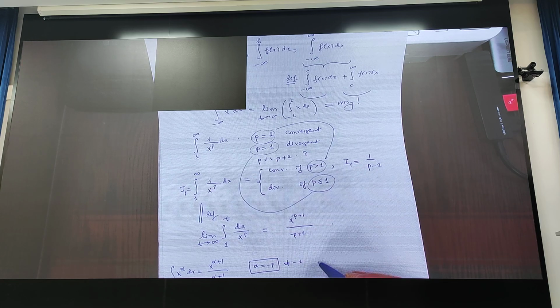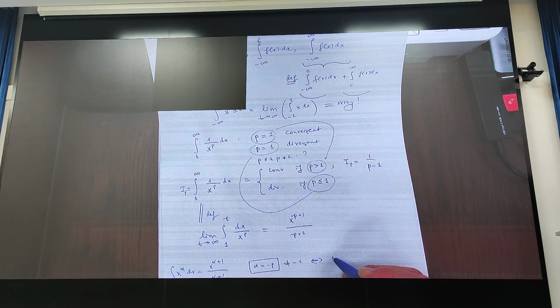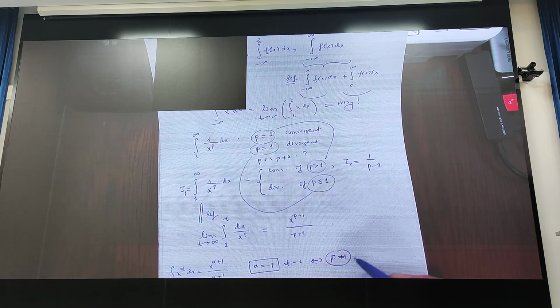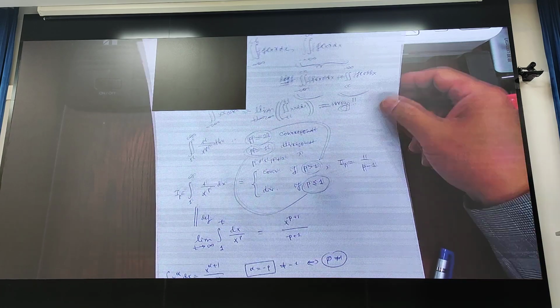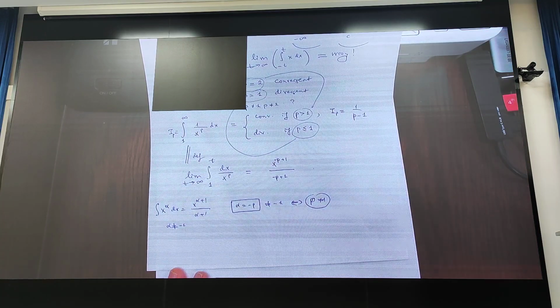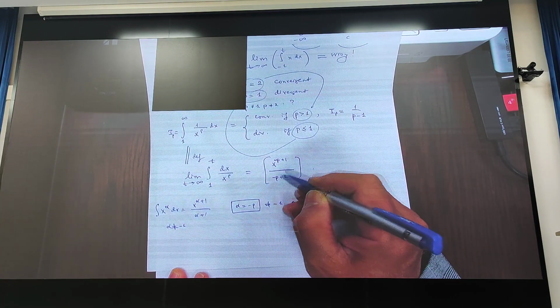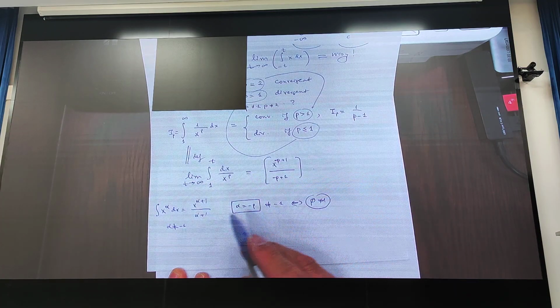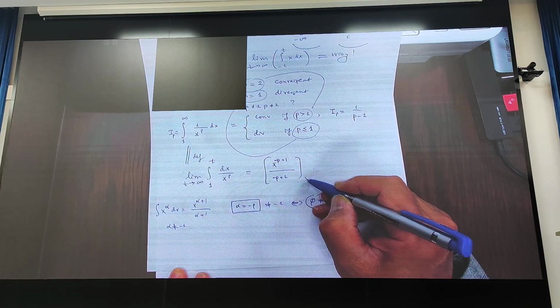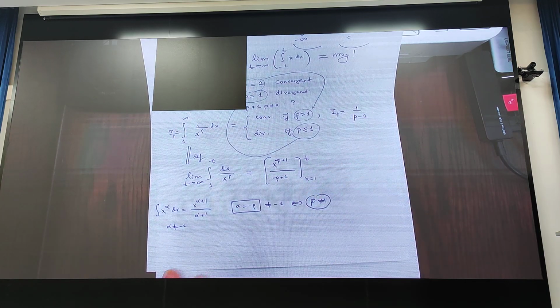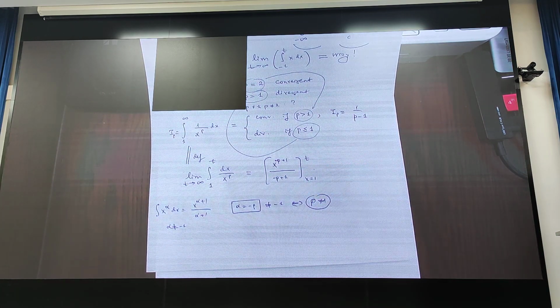Different from negative 1 means that p is different from 1. Yes, because p equal to 1 we already considered. Right? Then you have this one, negative p plus 1 as alpha, and x from 1 to t.